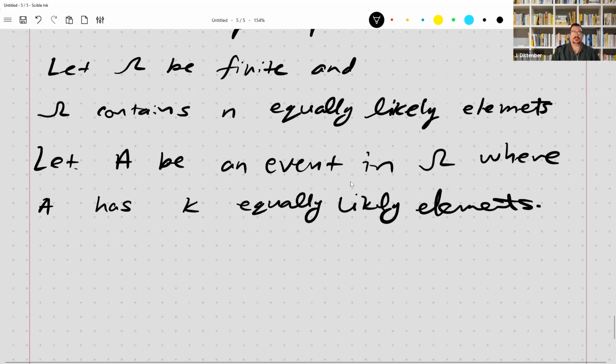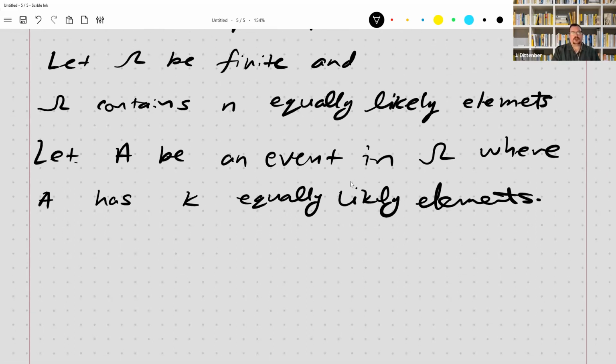Okay, so in this case, we can calculate the probability of A by simply taking the number of outcomes in A and multiplying it by 1 over the number of outcomes in the entire sample space. Okay, so this is formalizing what you know intuitively.